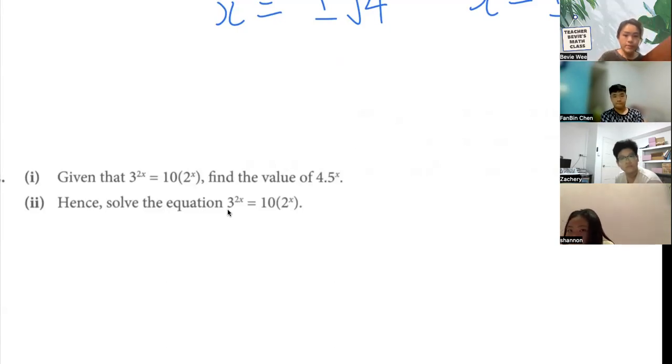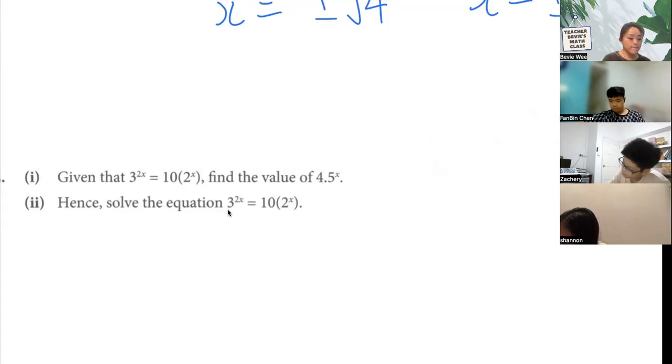Okay, 2 part 1 first. Same thing, 3 minutes. So if you see 3, 10, and 2 to the power of x, nothing in common to change.